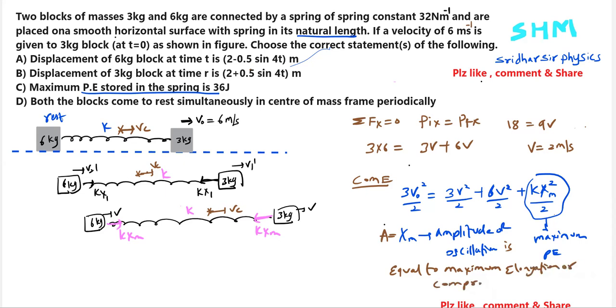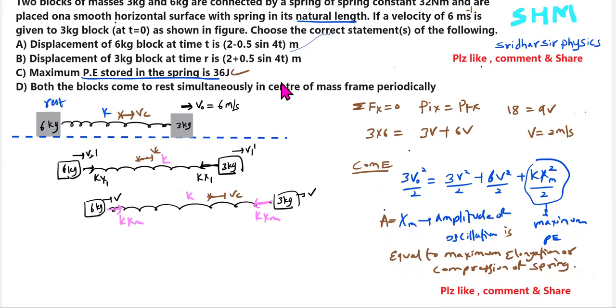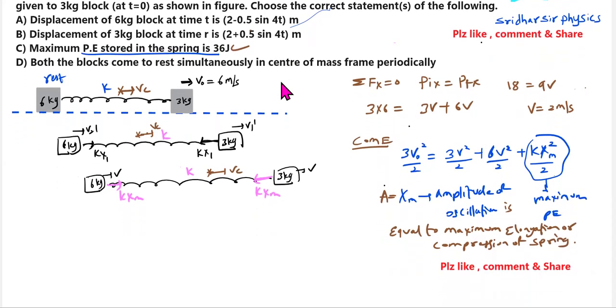Okay, we got this option. Maximum potential energy is stored in the spring. What about the time period of oscillation? The time period of oscillation, we can find by taking help of the reduced mass concept.